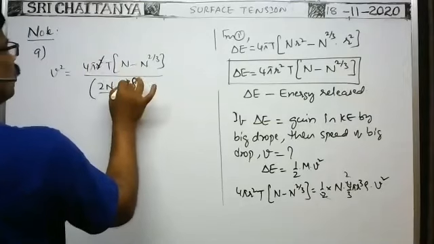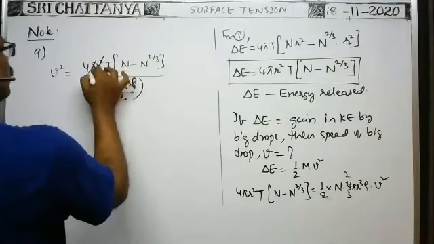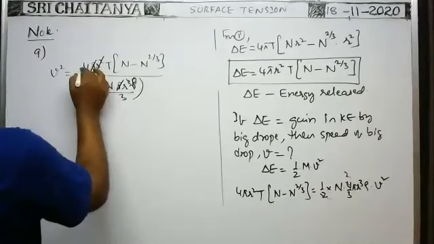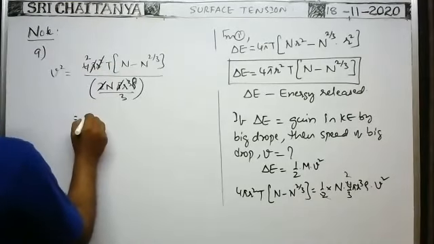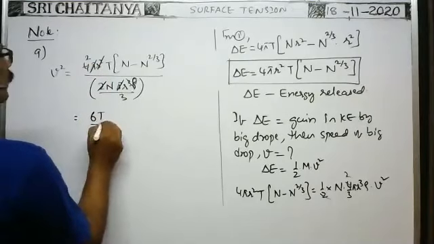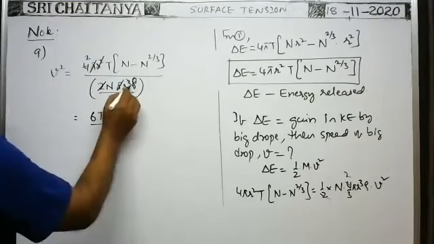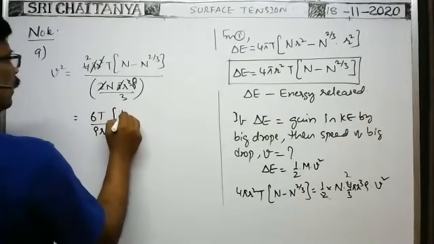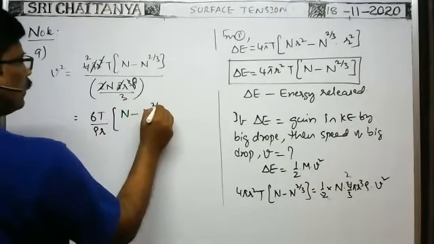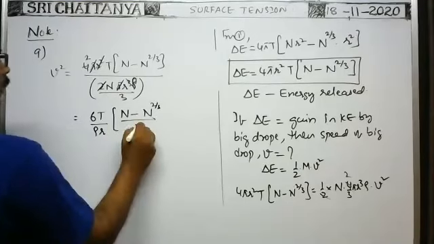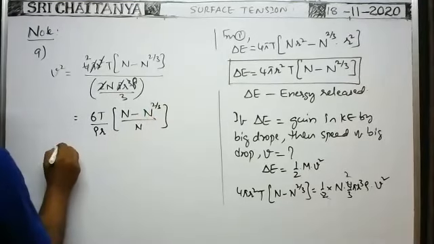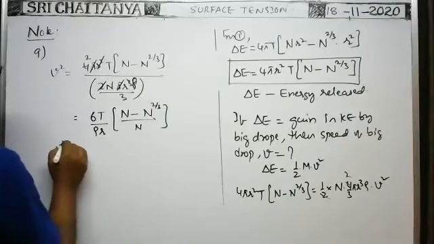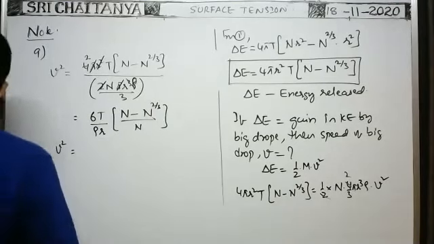Here r square, cube cancel, pi cancel. 2 3s are 6, therefore 6T by rho into small r into n minus n to the power of 2 by 3 by n.